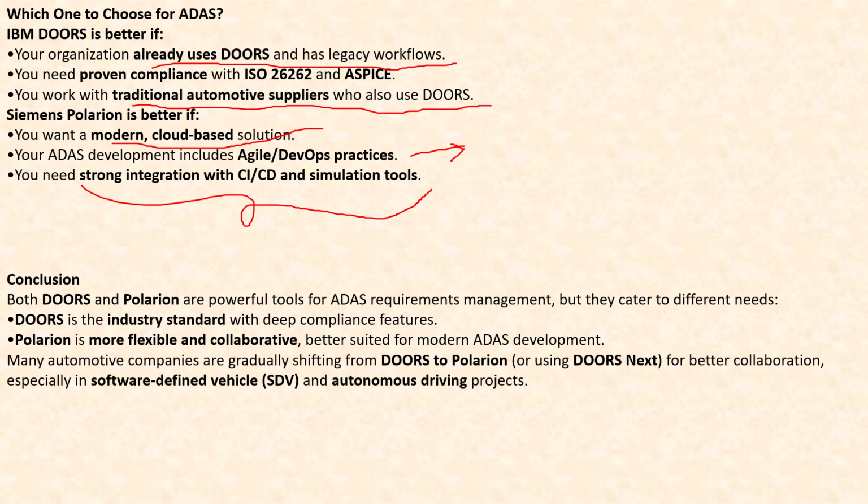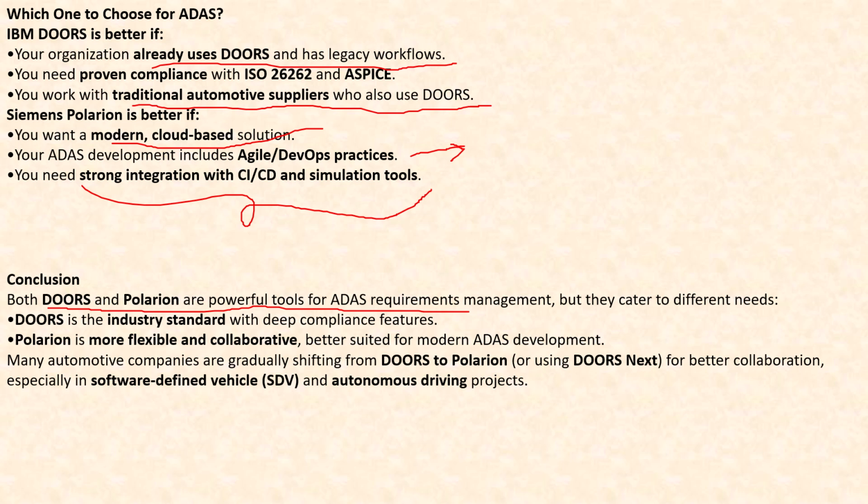So in conclusion, both DOORS and Polarion are very powerful tools. It's like asking which car is better, Mercedes or BMW. Both are equally powerful cars, both are equally established with OEMs, and both cars are known for their luxury and their efficiency. Only a subtle difference is there.